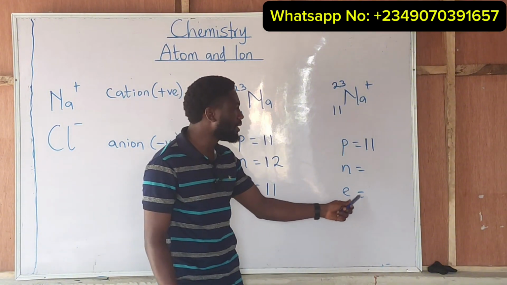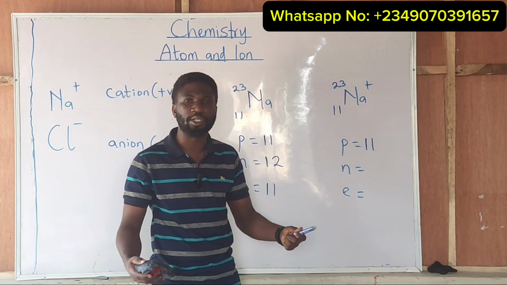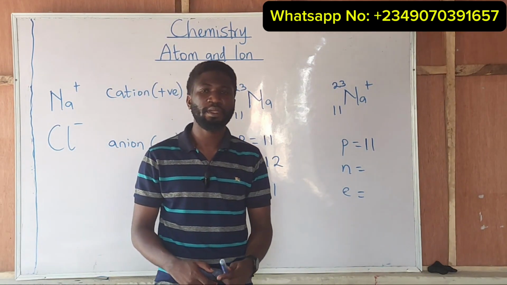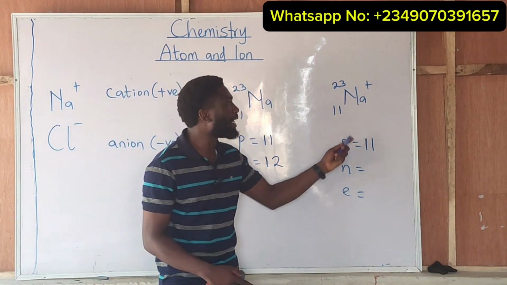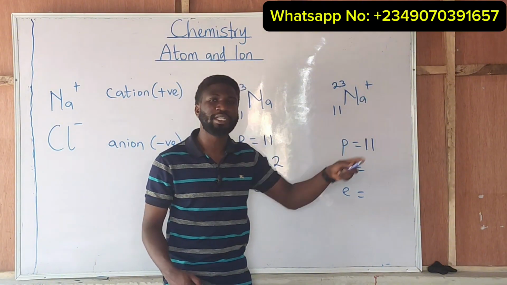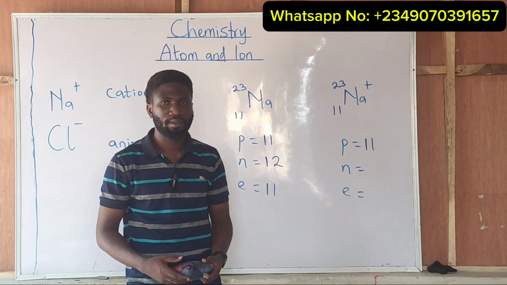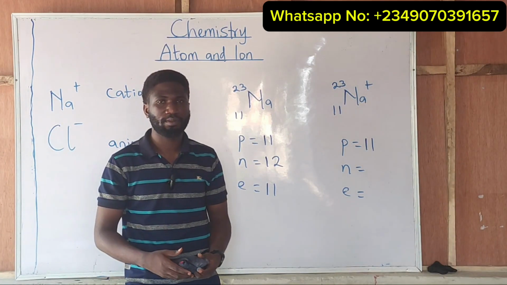So that means the number of electrons here won't be 11. If it won't be 11, then what will the number of electrons be? Remember I said whenever you have an atom possessing a positive charge, that already shows that the atom has lost electron or electrons.